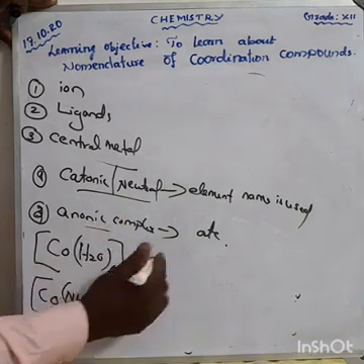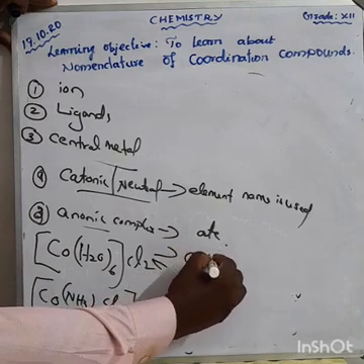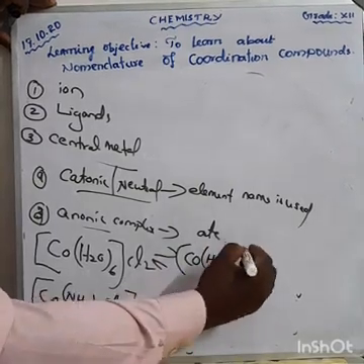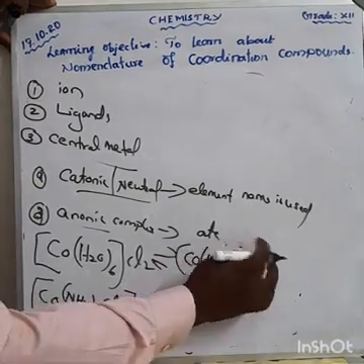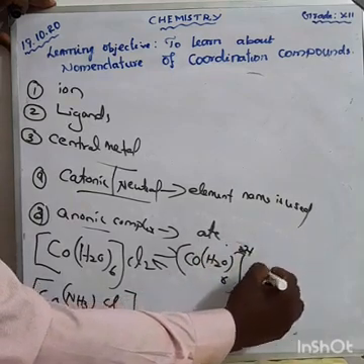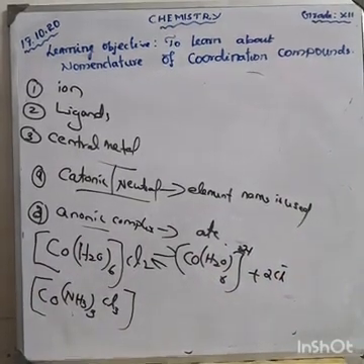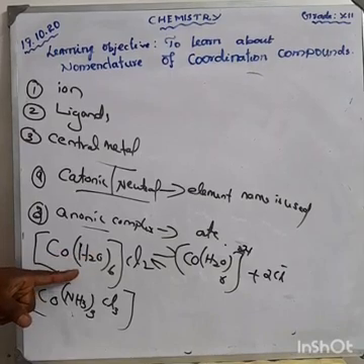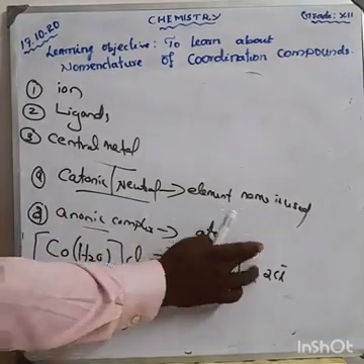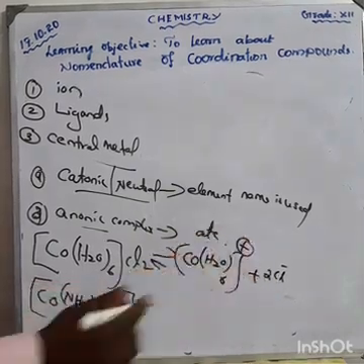We simply separate them. In [Co(H2O)6] with plus charge, this is the complex cation, and the simple anion carries the minus charge.